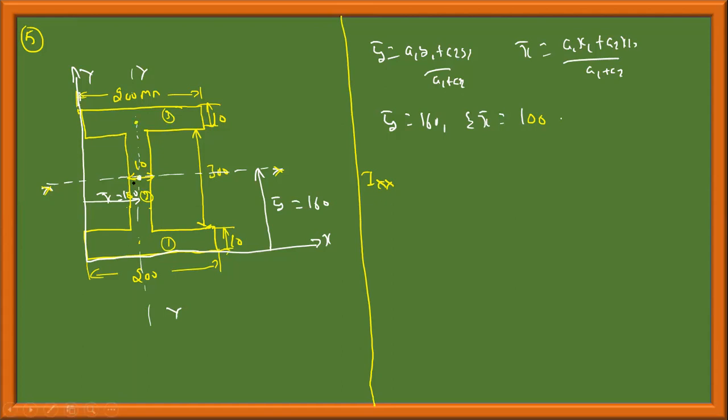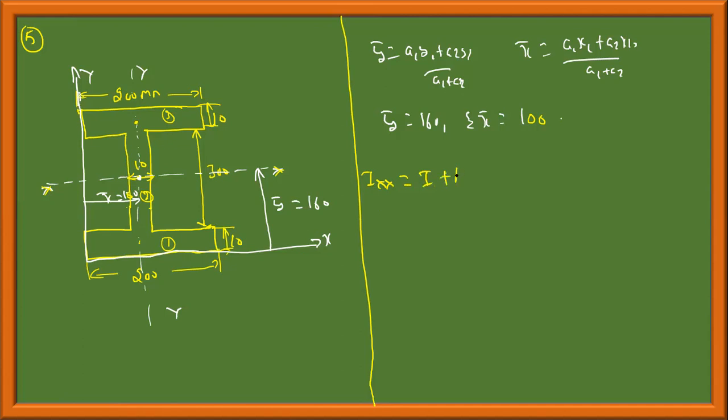Now, if I say Ixx, then it will be, give me a moment. Ixx is equal to I plus A h square, as I have told you.